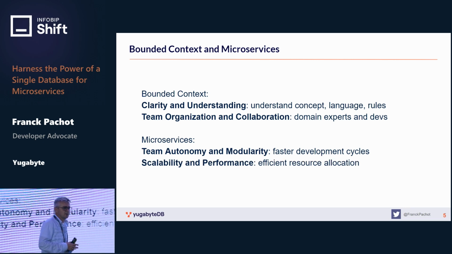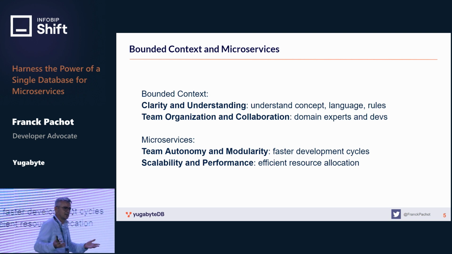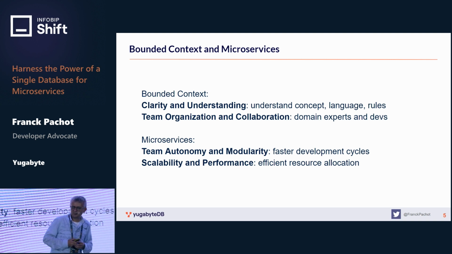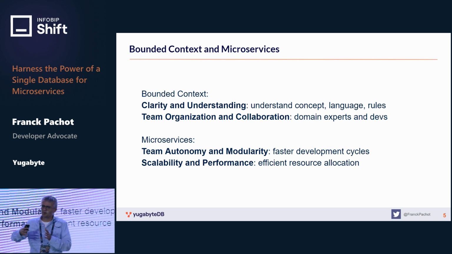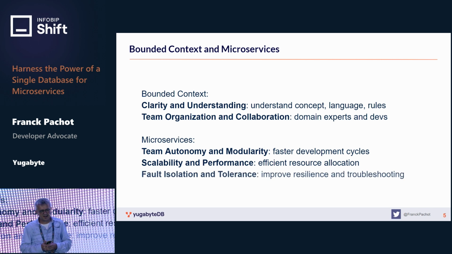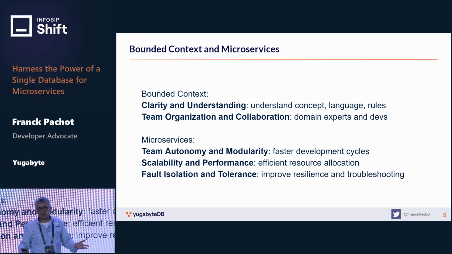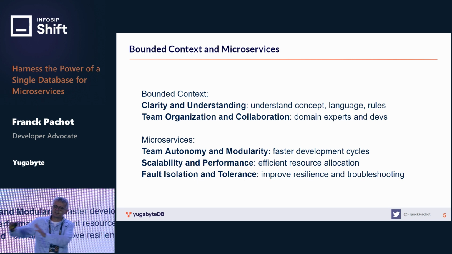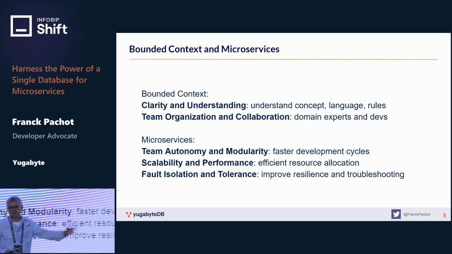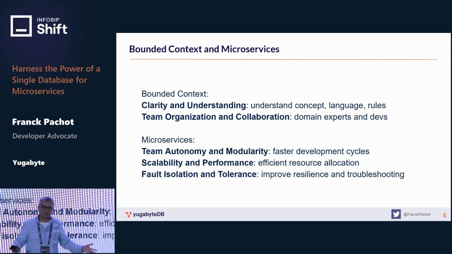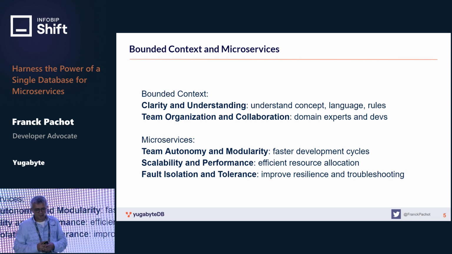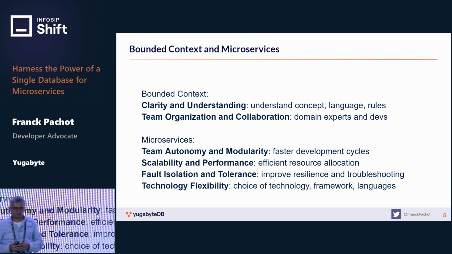You want it to be scalable, and the scalability requirements are different for the different microservices. For performance also, you want to control the resource allocation for each of them. And also for fault tolerance, the idea is that if you run multiple services and one is down, the others can continue. If you have a big monolith, something fails and everything fails. So that's the idea about bounded context and microservices.